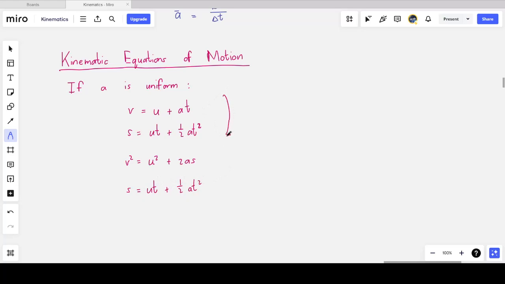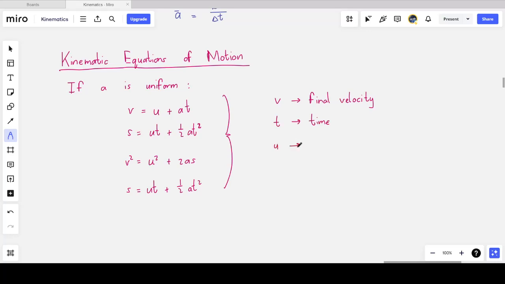So if I have uniform acceleration for any object undergoing uniform acceleration, I can use any one of these equations to find any of the unknown quantities about it, where V is its final velocity. What is the final velocity of an object after time t has passed?